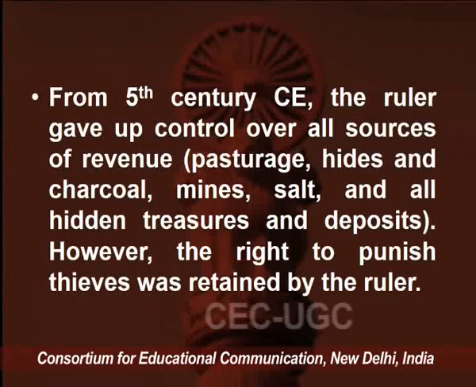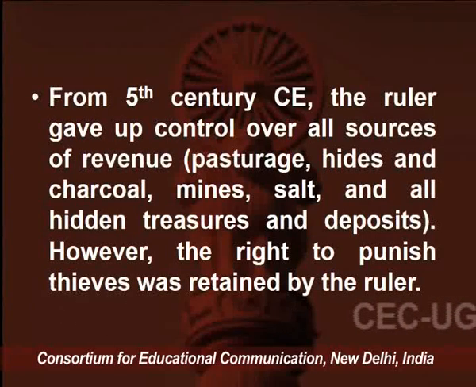So these are some of the revenue areas that were very much under the control of the ruler in the earlier period, but now perhaps they are also given up to the donee. However, what is retained by the donor is the right to punish thieves, which perhaps even in these times was retained by the ruler to begin with, and subsequently we find that even this right is ceded.